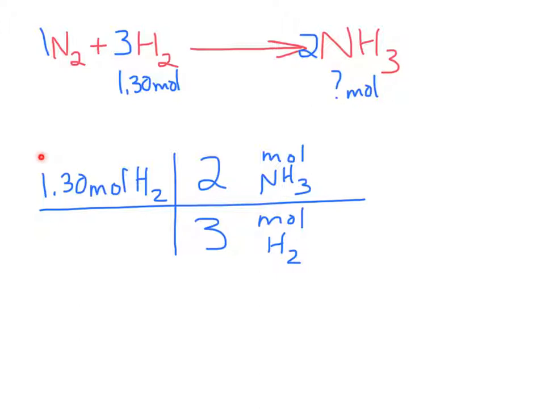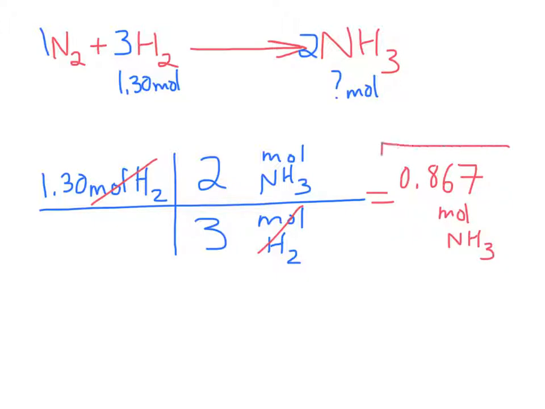And here we're going to need to utilize our sig figs, which is 3 sig figs from 1.30. So my final answer here is going to be 0.867. That's 3 sig figs, and our unit is moles of ammonia. So there's our final answer for B.